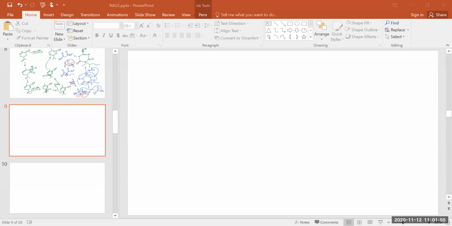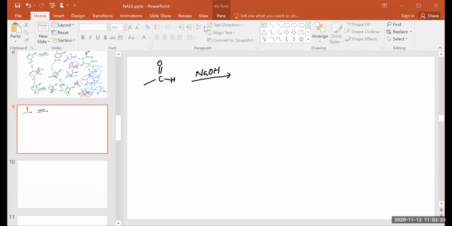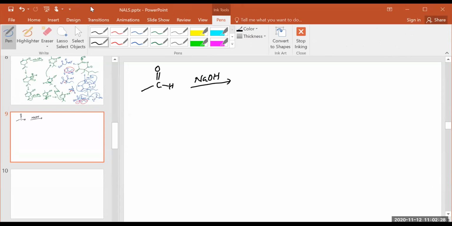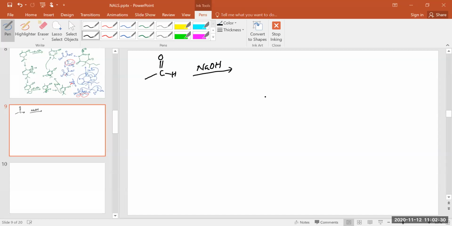That is the carbonyl condensation. So in the last class we discussed whenever you have a carbonyl compound, let's say this acetaldehyde, and you take a base, when in a catalytic amount, then it will make an enolate.